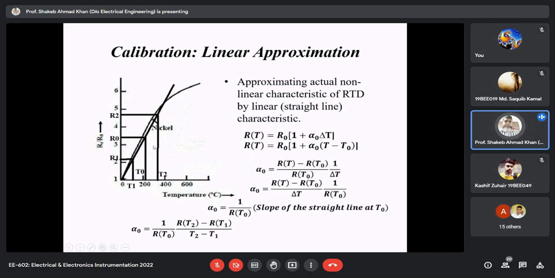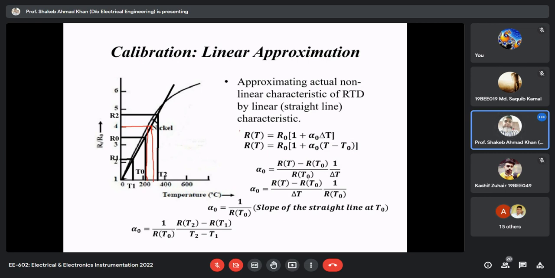Okay, so many times you will find that the measured value is different from the true value. I'm giving you one example. Like if resistance is this much, you see this is the actual temperature, and this temperature will be measured, because we have approximated it.